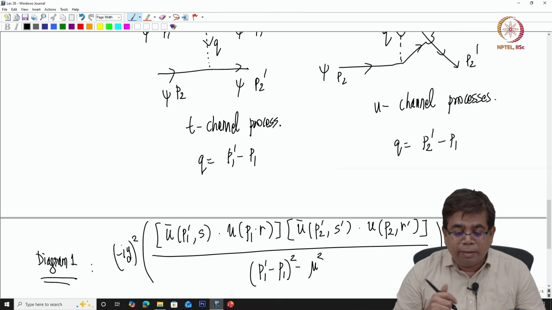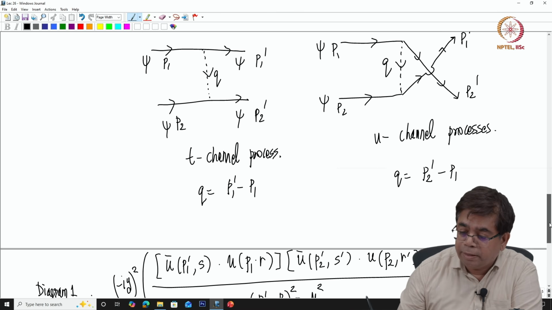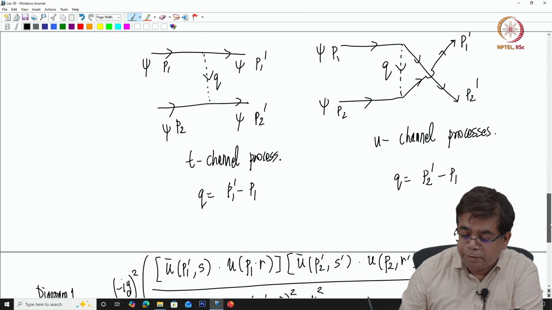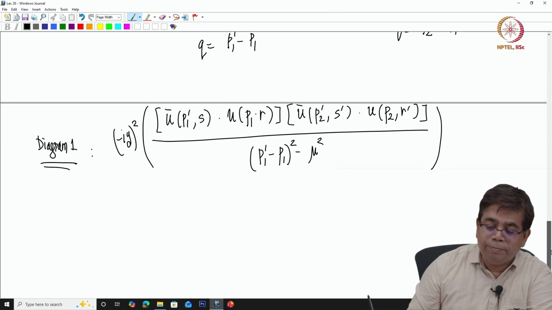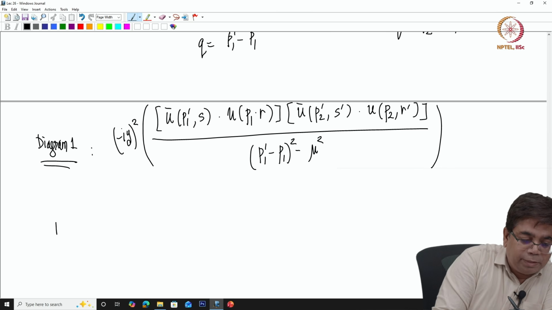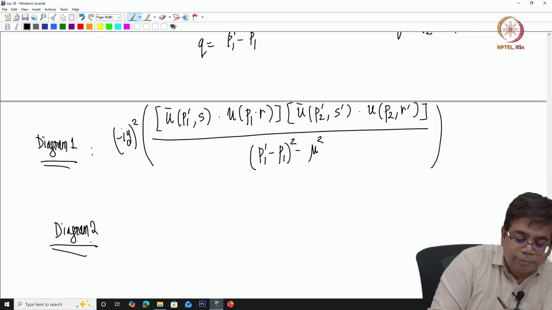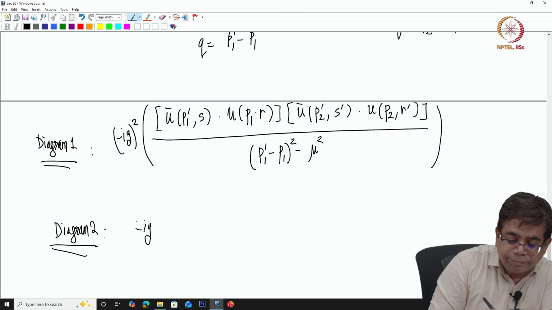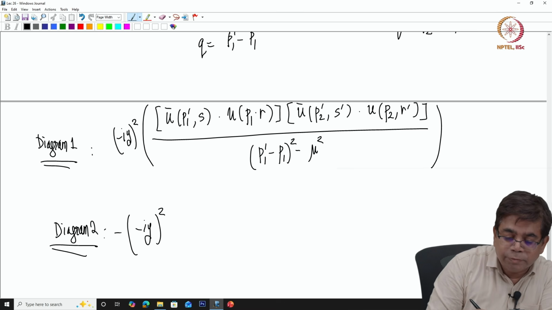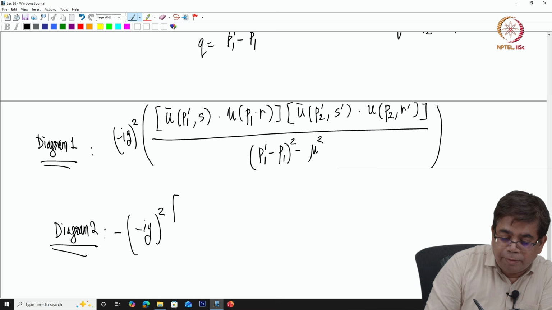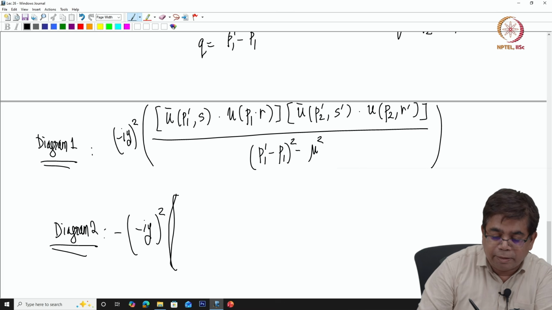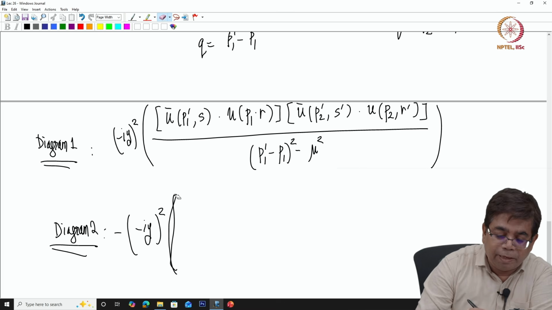So, the U channel amplitude, diagram 2, you will see is exactly the same as what we derived using the Wick theorem and Wick contractions.